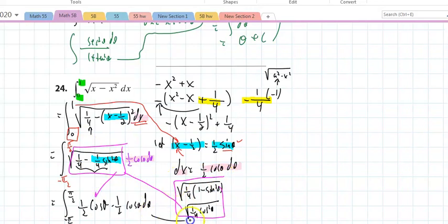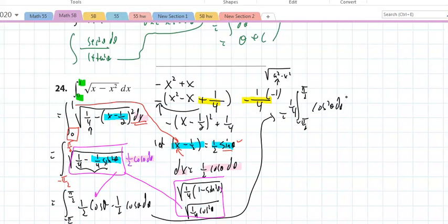And wouldn't that become the integral from negative pi over 2 to pi over 2 of 1/4 the cosine squared of theta d theta? And again, we know how to do this because we just did it in the previous section.